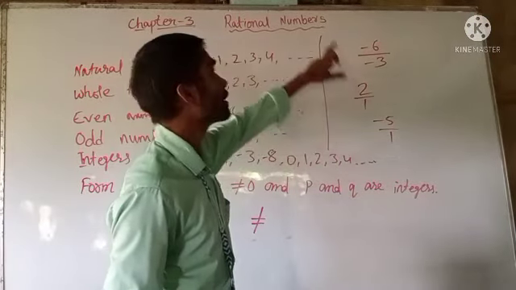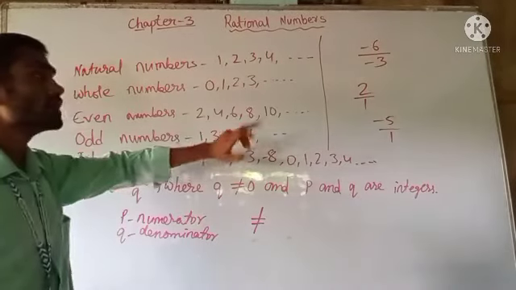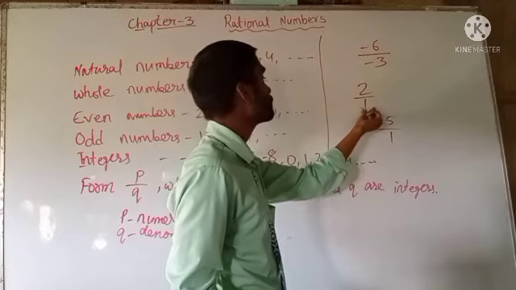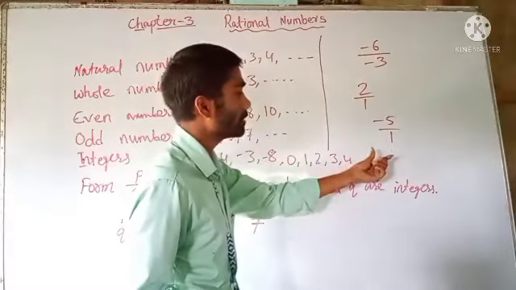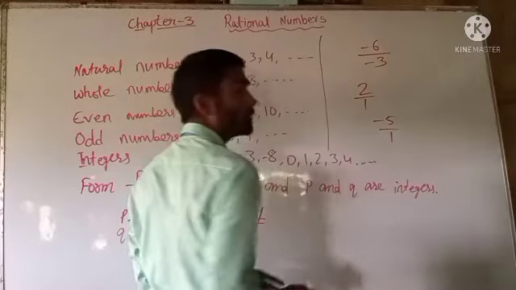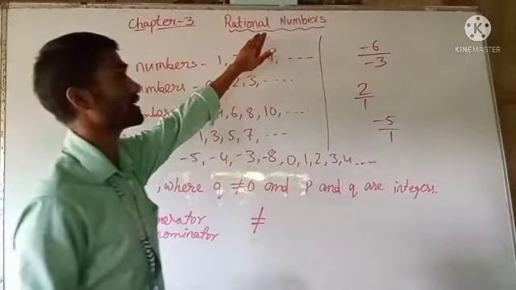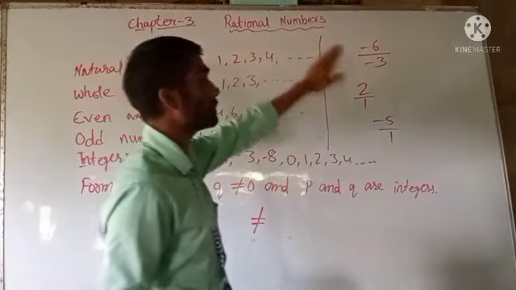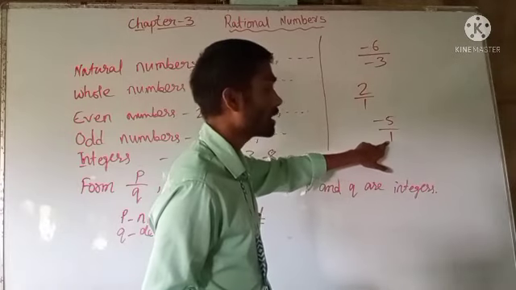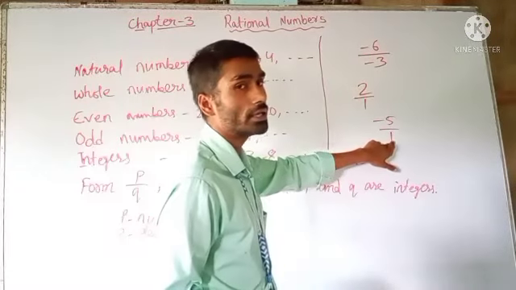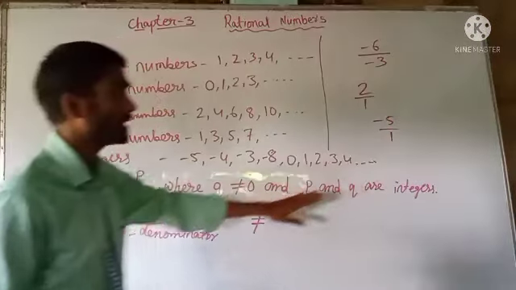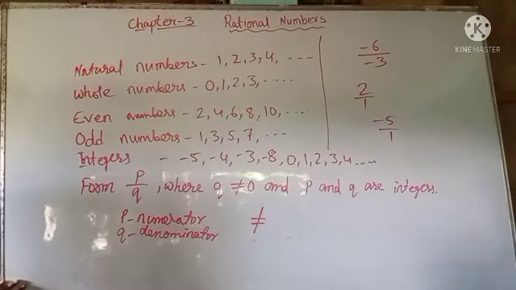So 2 is a rational number because it is of the form p by q, and the denominator, 1, is not equal to 0. To know whether a number is rational, check whether it is of the form p by q and the denominator is not 0; it can be any integer other than 0. That is about rational numbers.